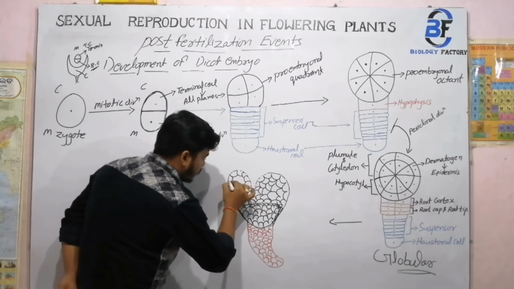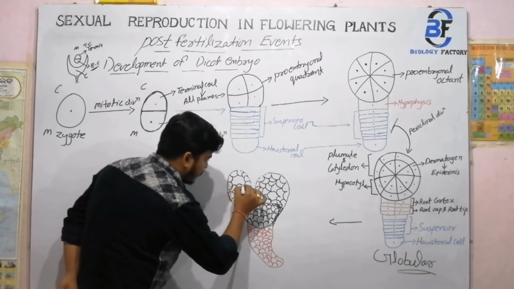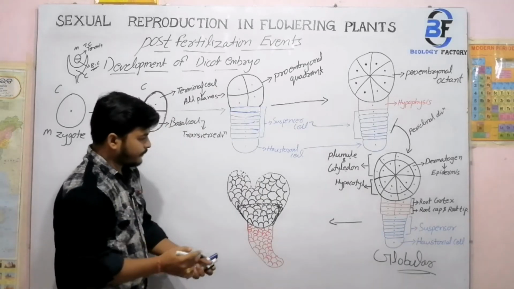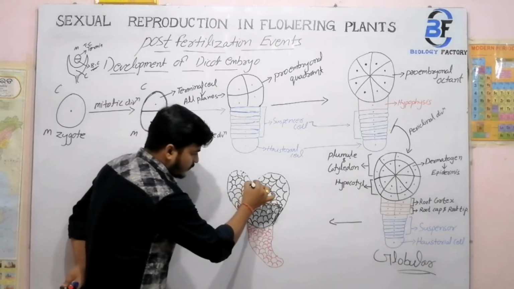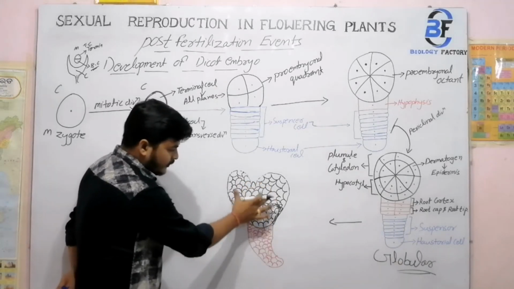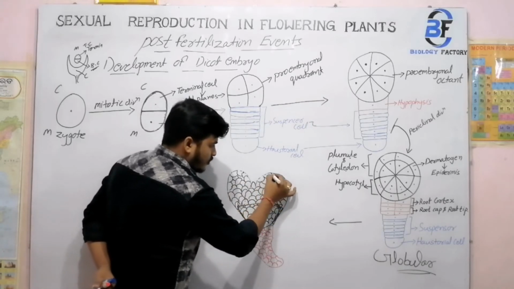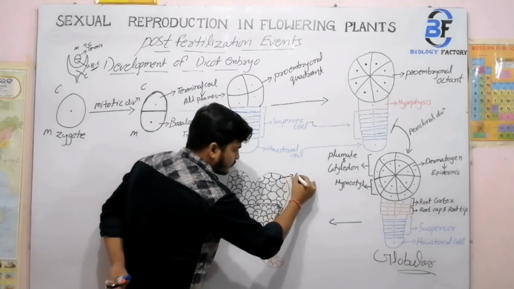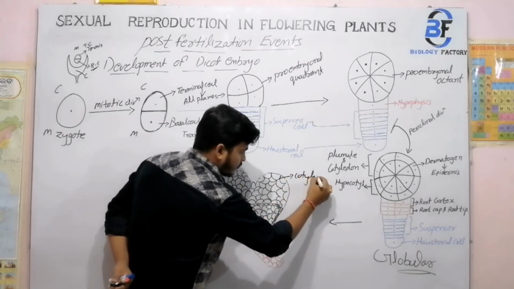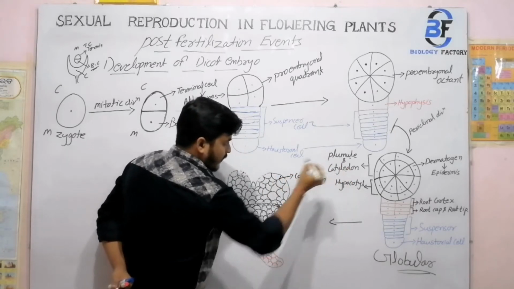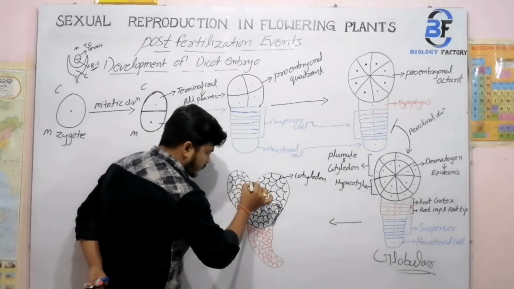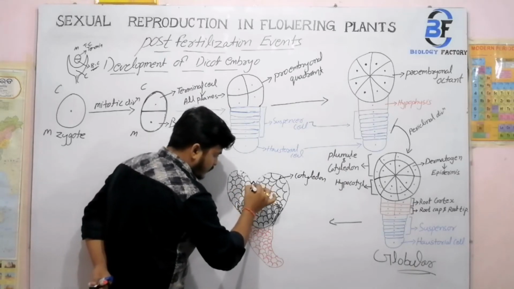So what happens here? The bulging structures are formed. If we look at the diagram, somehow it looks like a heart. So here the cotyledons are formed, and I told you the plumule is also formed. So here is the plumule.